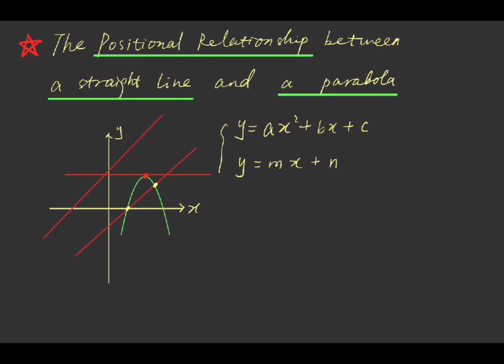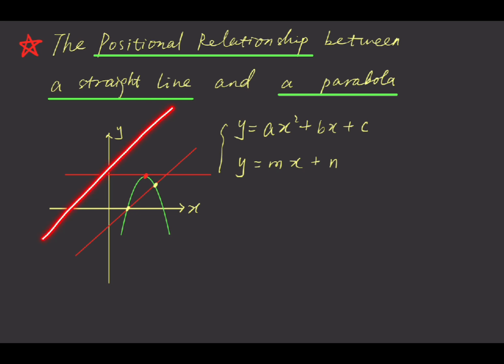So, from the graph, we can figure out if these two equations have solutions, or we can say roots. That is to say, this parabola and this straight line have a common point, but perhaps only one common point or POI, or two common points, two POIs.